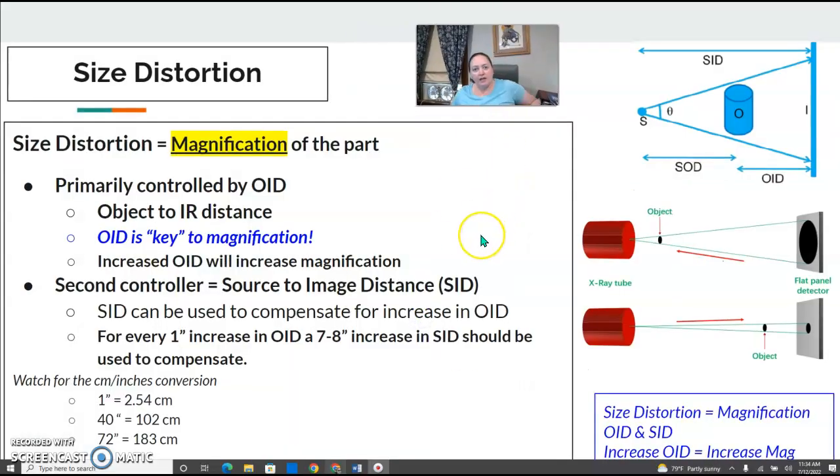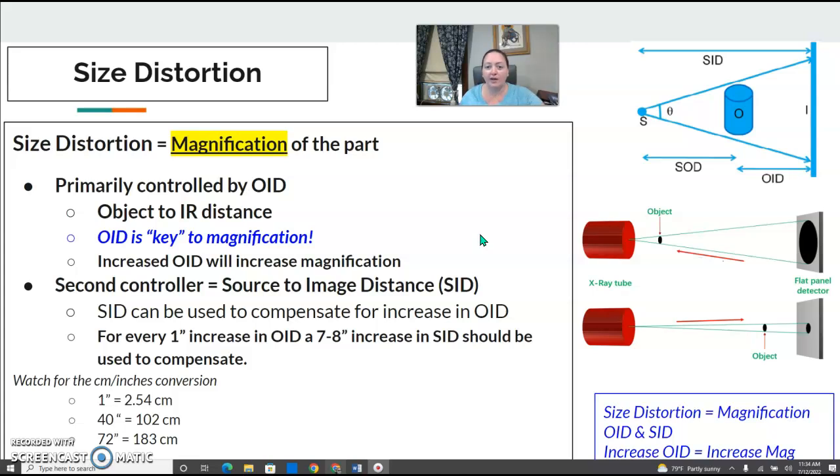So size distortion, like we talked about, is magnification of the part, so making it larger. It's primarily controlled by OID, and as you've all been trained to do, you put the part closest to the image receptor, right? You try to move that patient in for a chest x-ray, you try to roll their shoulders in, you try to get the anatomy flush to the plate.